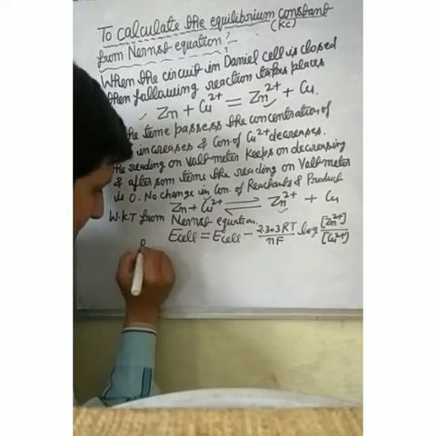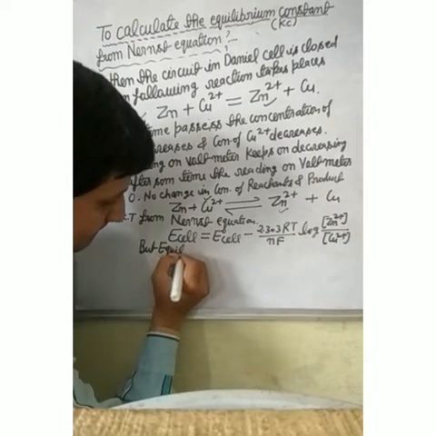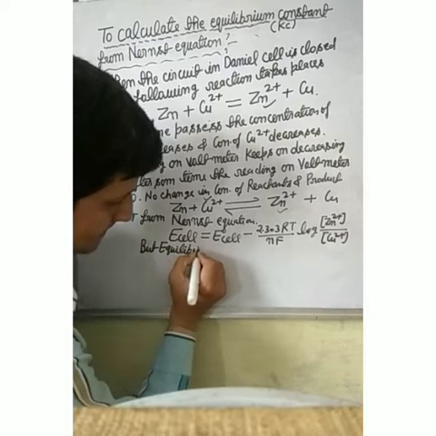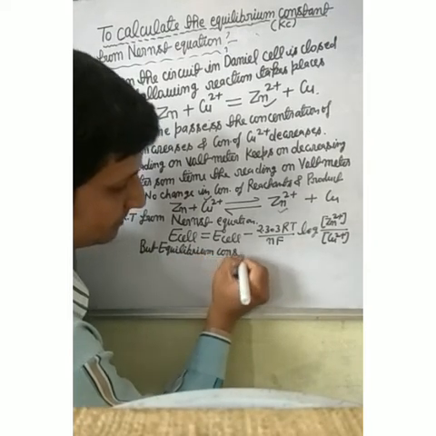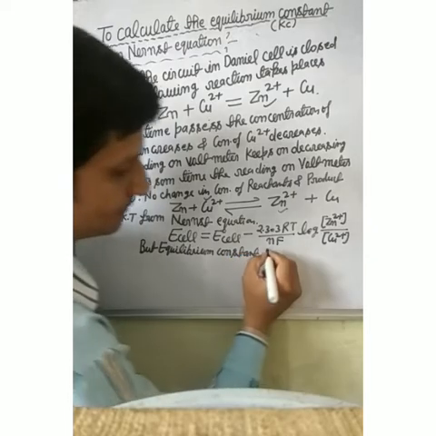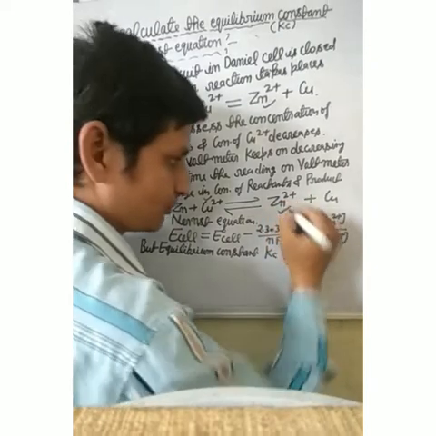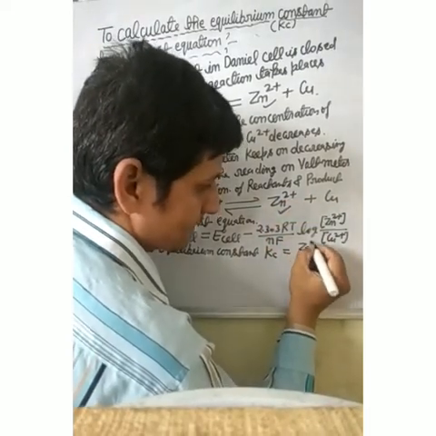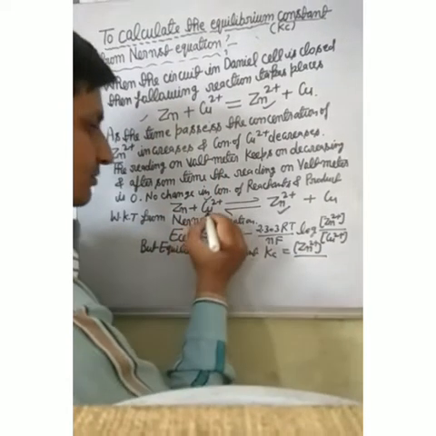But equilibrium constant Kc is equal to concentration of product upon concentration of reactant.